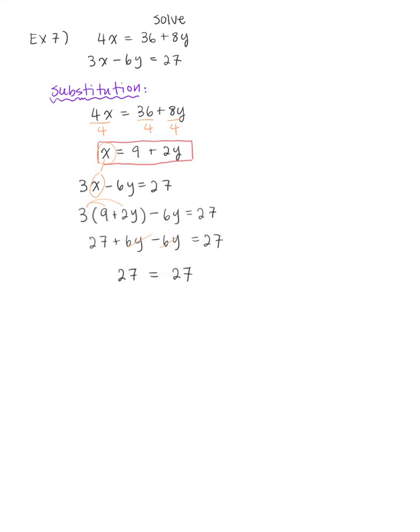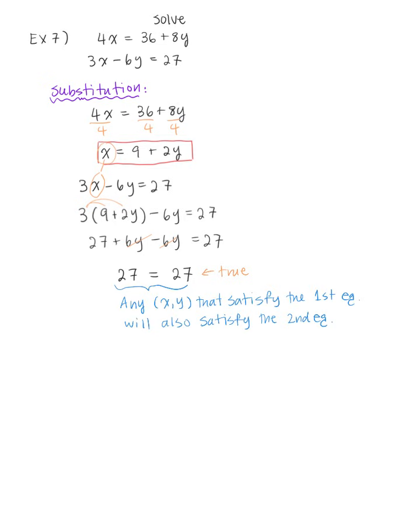Now, by getting the true statement, in this case let me just write this as true statement. With that, it's telling you that basically any ordered pair that satisfies the first equation will also satisfy the second equation, no matter what. All right, so now how do you write that answer? If you get a true statement, it indicates that there are infinitely many solutions.